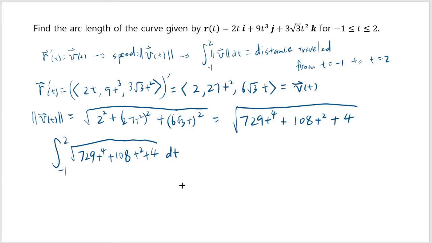Now, although this looks like an innocent integral, usually this is very hard to integrate. If these numbers were something else, like if this was 107 instead of 108, it becomes very messy, and you would need some special functions called elliptic functions to actually do the integral.